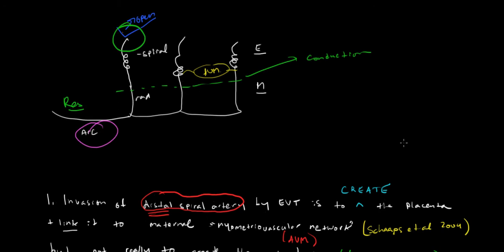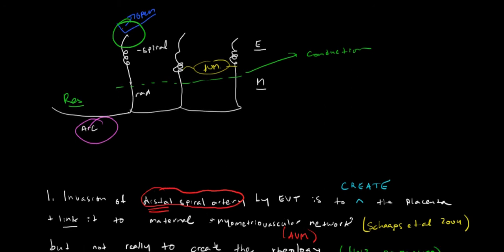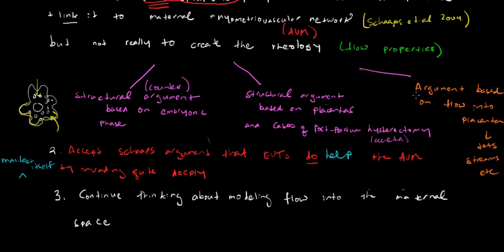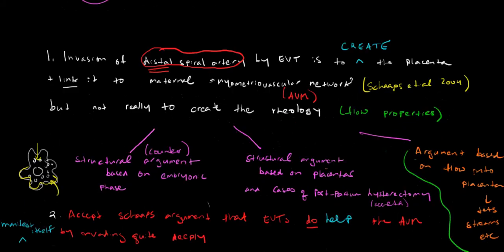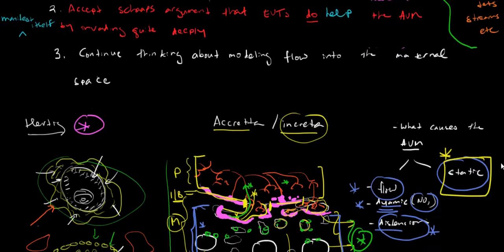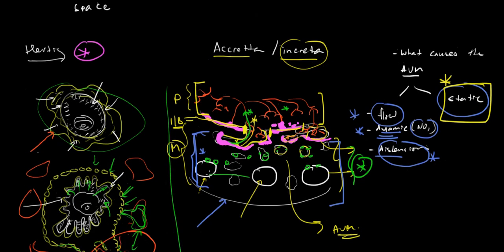But I think if we were to do fluid modeling from an engineering perspective, this is my hunch, we would find that this anastomosis model, this AVM model, has these larger arteriovenous anastomoses and then these plexiform small flaccid arteriovenous anastomoses that go all the way into the endometrium. And we see that in any AVM.